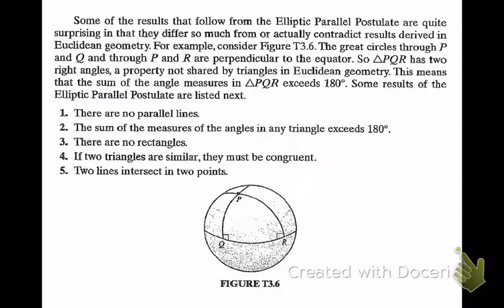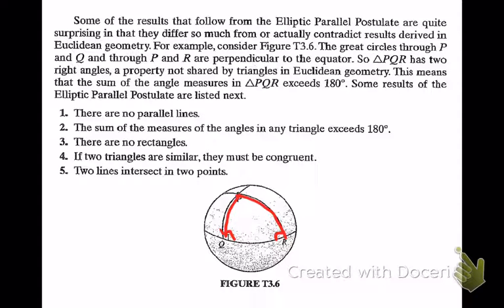The great circles through P and Q and through P and R are perpendicular to the equator. So triangle PQR has 2 right angles. The triangle in this picture has 2 right angles, and that can't happen in Euclidean geometry. This means that the sum of the angle measures in PQR exceeds 180.